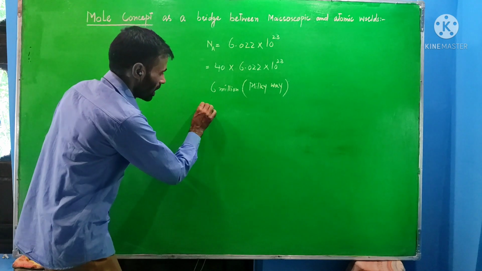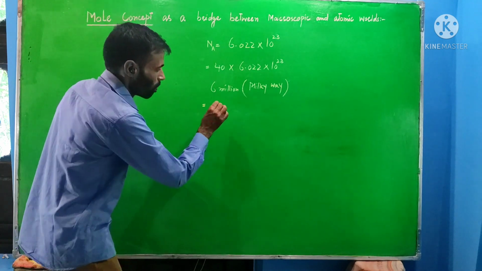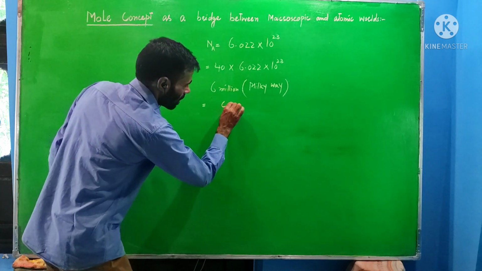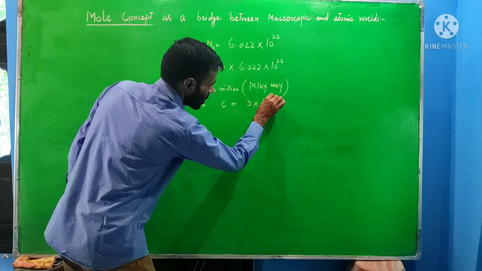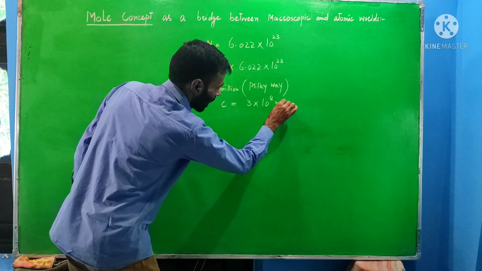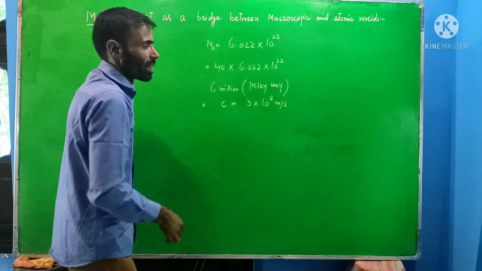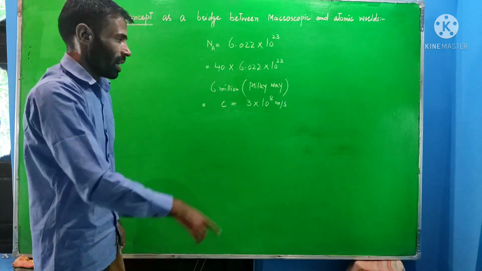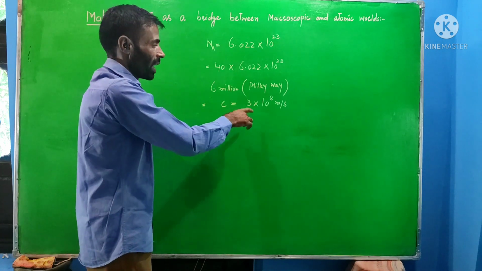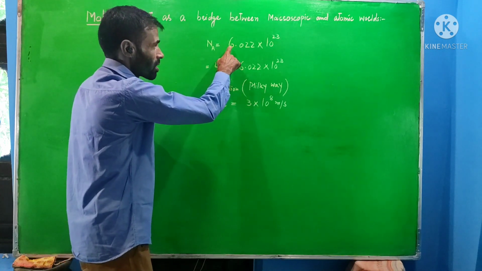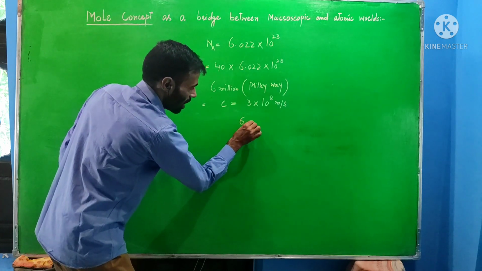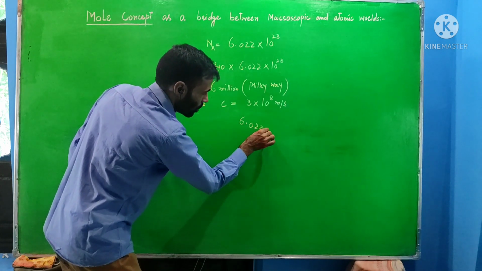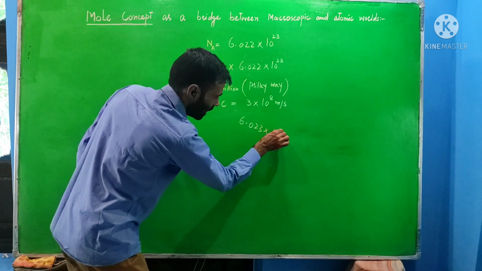After that, I will take this example. We know the speed of light, c, is approximately 3 into 10 raised to the power 8 meters per second. If light travels at this extreme speed, it will cover a number of miles equal to 0.23 into 10 raised to the power 23.